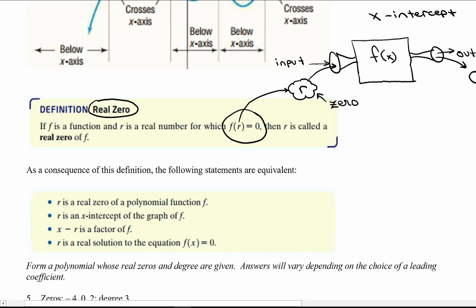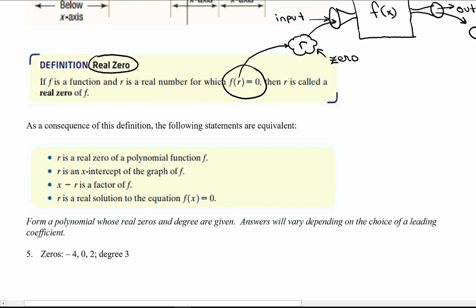As a consequence of this definition, the following statements are equivalent. r is a real zero of a polynomial function f. r is an x-intercept of the graph of f. I like to call it the x-coordinate of the x-intercept. For those of you that know me, an x-intercept to me is an ordered pair. It's not just the x value, but every textbook's a little bit different, and I took this out of the textbook.